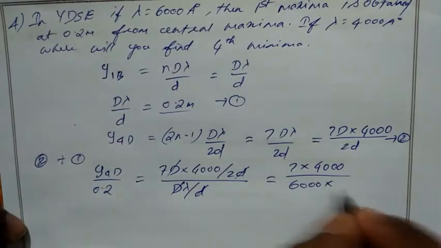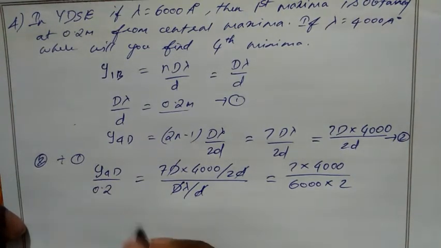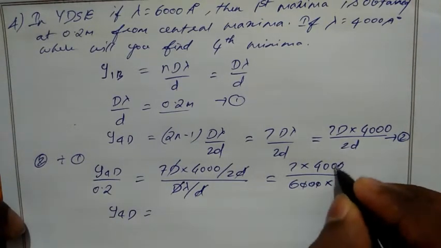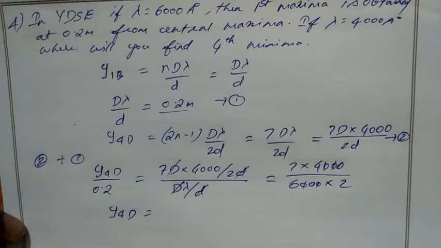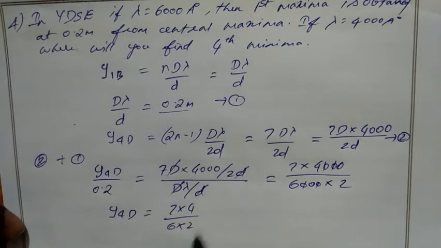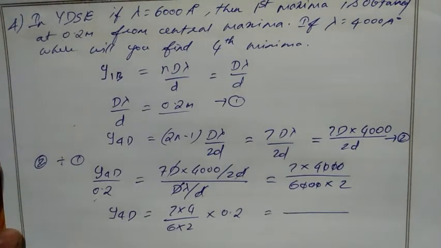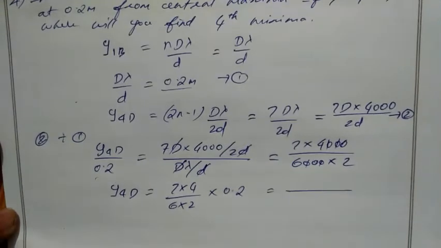So y4d equals 7 into 4 divided by 6 into 2, into 0.2. If you solve this, you will get the final answer, and post it in the group. Clear?